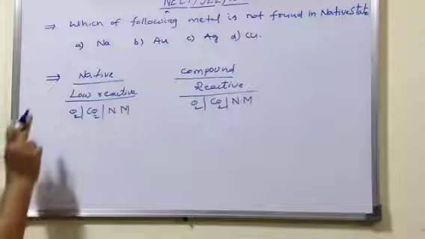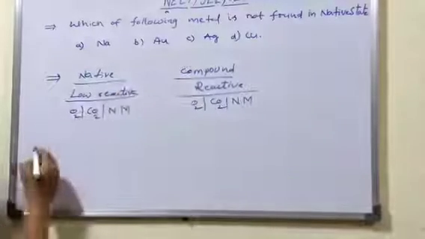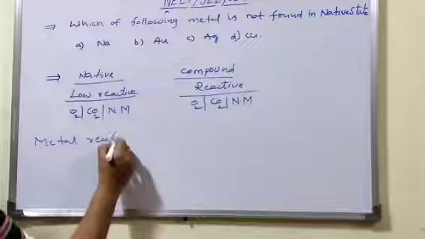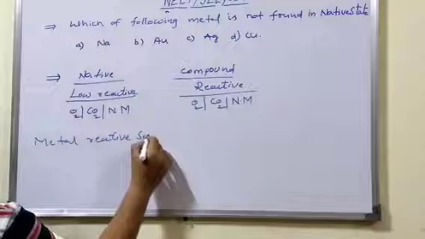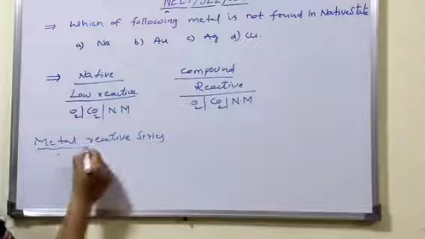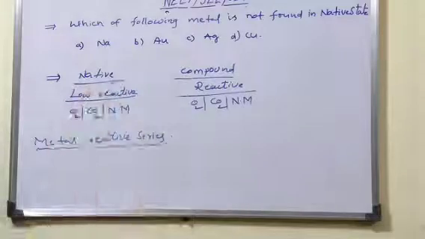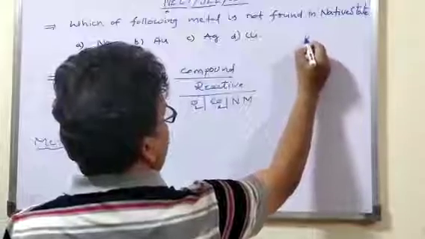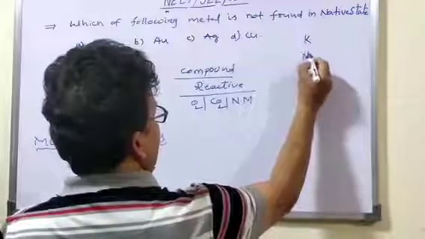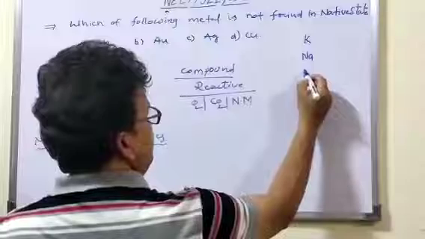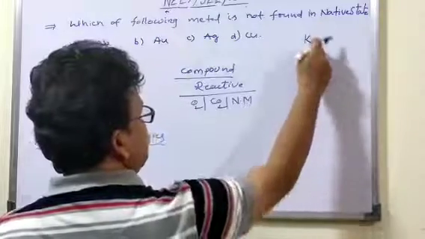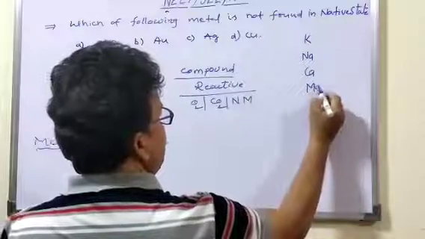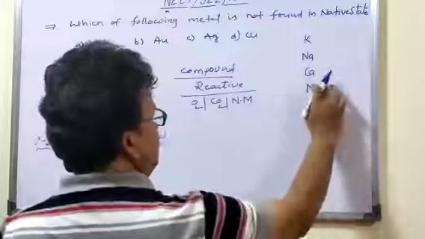So to remember native and compound form, we have the metal reactive series. This you have to remember. Then we can make the answer. Here I am giving the most reactive metals: potassium, sodium. Then we have these two in one A group, and calcium, magnesium in the second group.